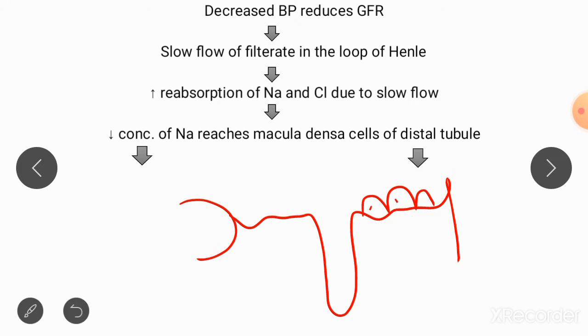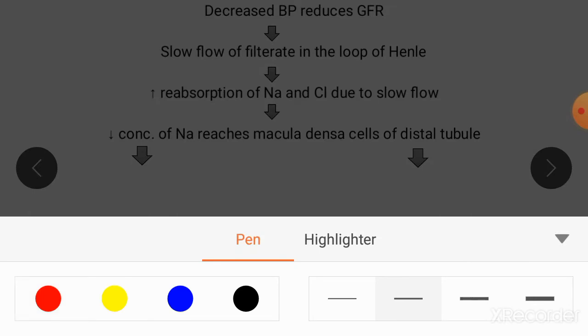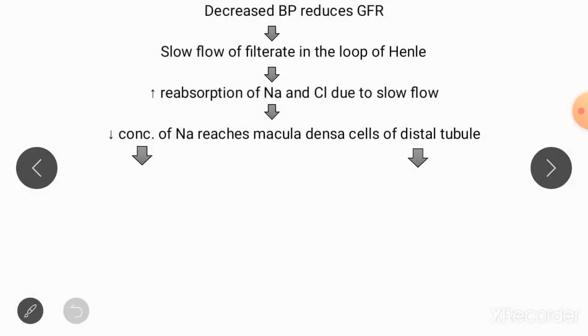So what these macula densa cells are going to do, as I already mentioned, is that the distal convoluted tubule is present between the afferent and efferent arterioles. The organization is something like this. Suppose this is your afferent arteriole, this is your glomerulus, and this is your efferent arteriole.